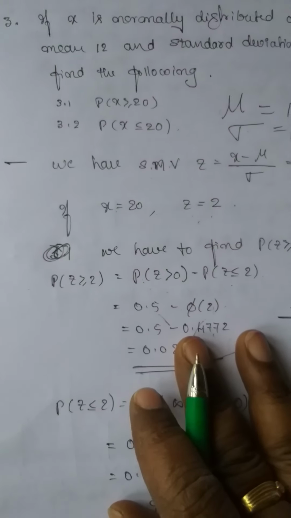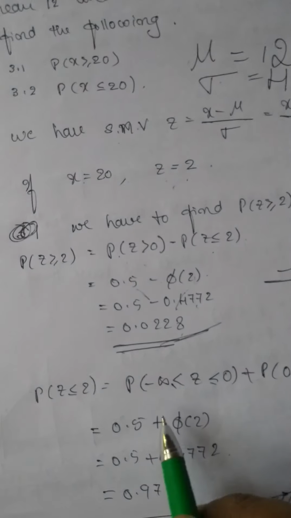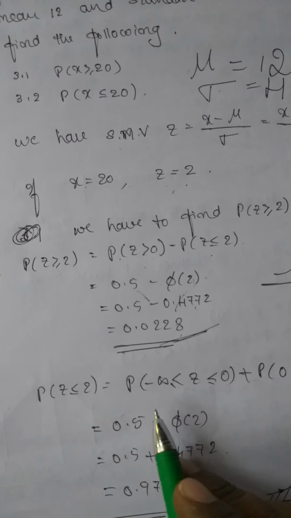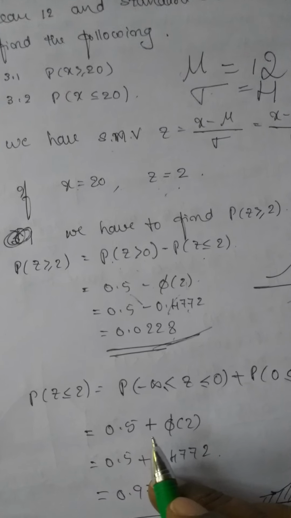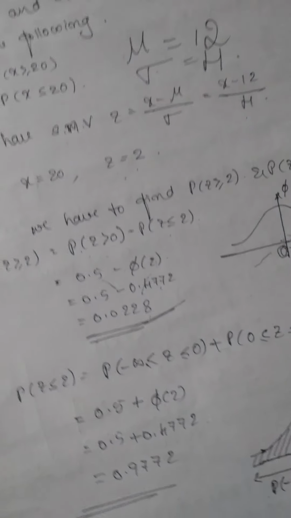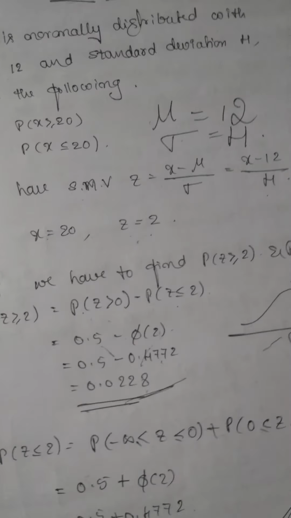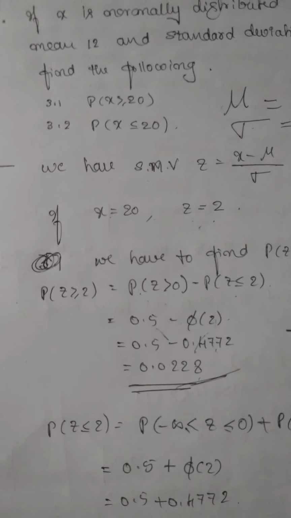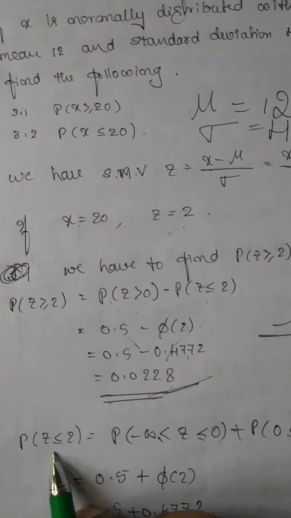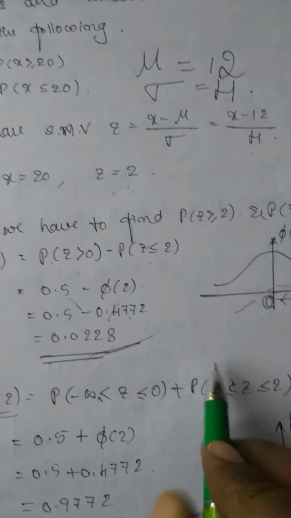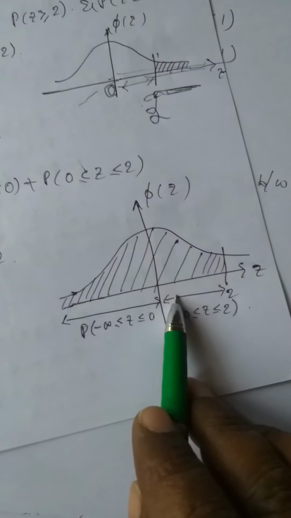Now, for the second sub question, you should calculate z when x is equal to 20. That we have already taken, that is 2. Now p of x less than or equal to 20 is the same as writing p of z less than or equal to 2. This can be obtained in this format as we have shown in the figure.